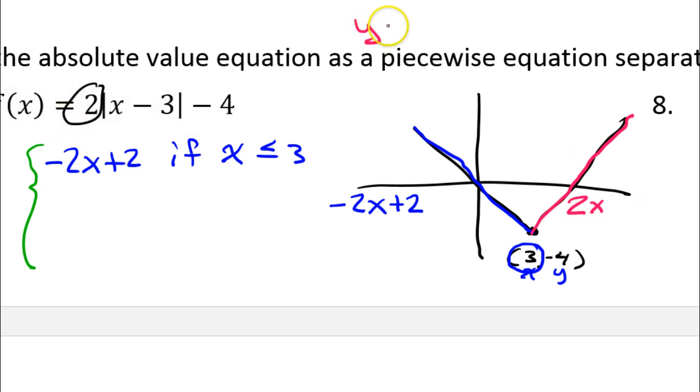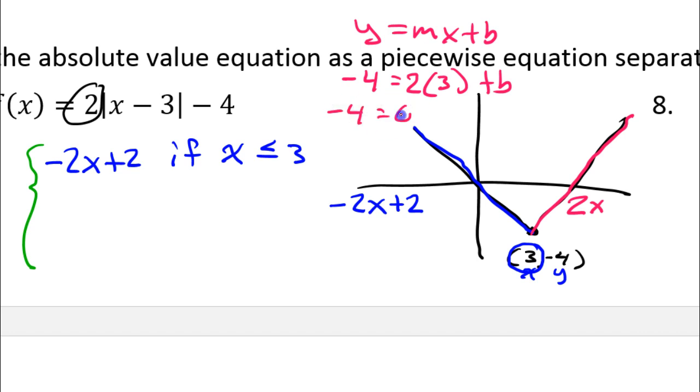So again, we'll think y equals mx plus b. And again, we'll use the vertex. So that will become -4 for the y value. The only thing that changes is the slope is 2. Alright, x is still 3. So that makes this negative 4 is equal to 6 plus b. If you subtract the 6, you get negative 10.